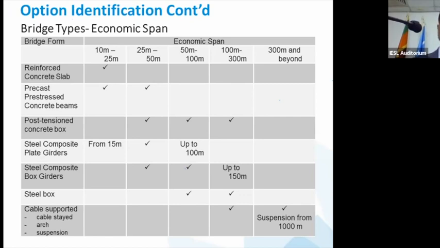If you look at the reinforced concrete slabs, that is economical up to 25 meters. If you go a little bit more, it will be heavy structures. That's not what we want, right?